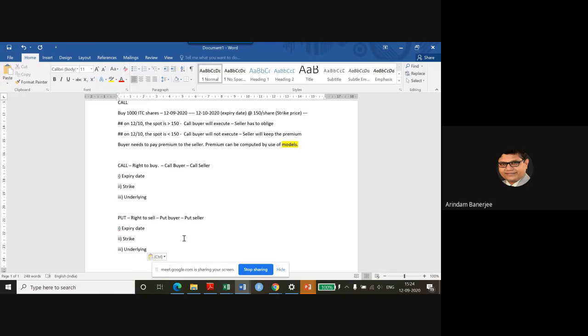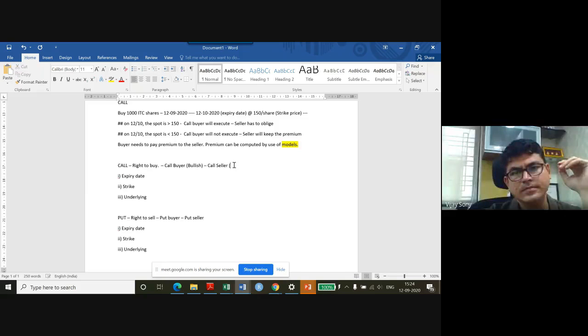So this call buying, is it a bullish strategy or bearish strategy? Bullish. It is a bullish strategy. And call selling is a bearish strategy.